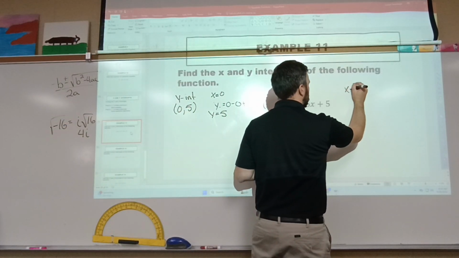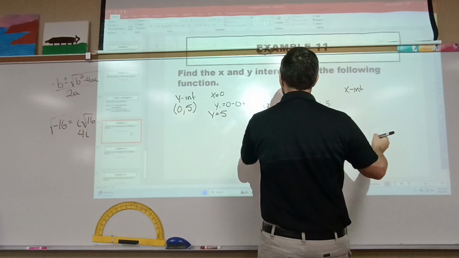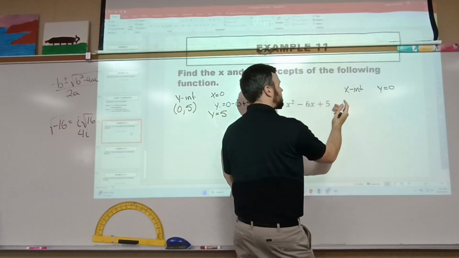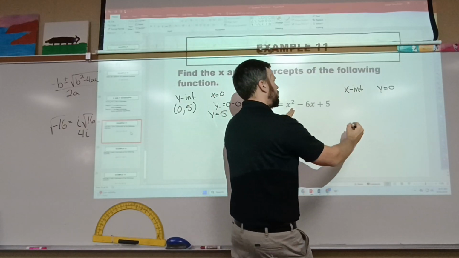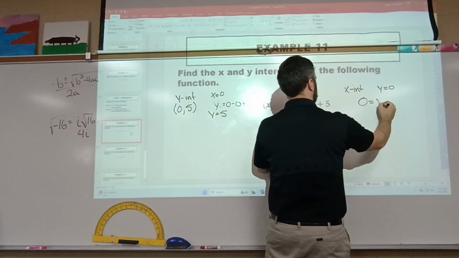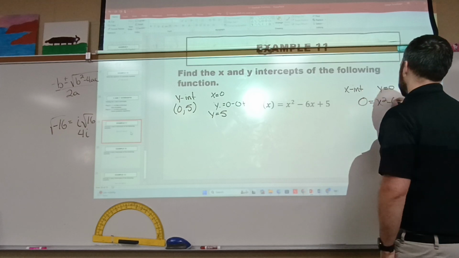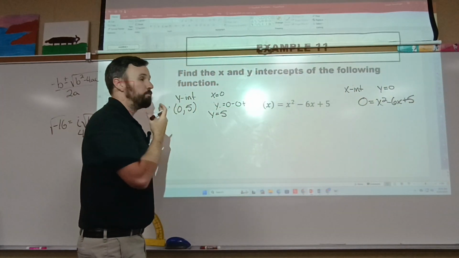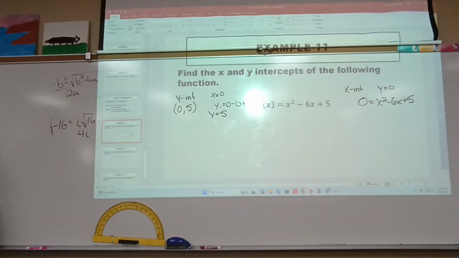Now my x-intercept, I'm plugging in 0 for y, right? And it's always going to be something, 0. When I set this one equal to 0, I have to solve it using one of those many tools we just learned. But luckily, it's already set up to be solved. This one's factorable.